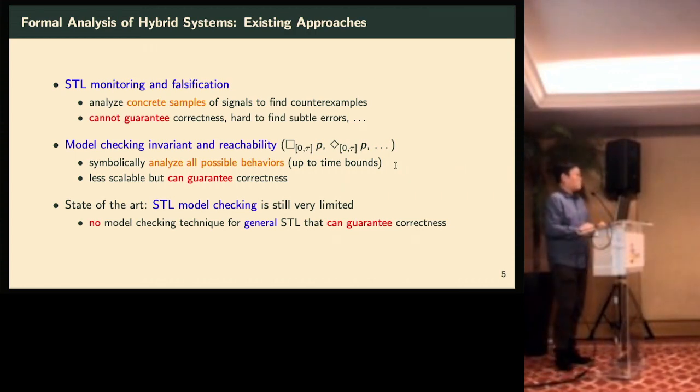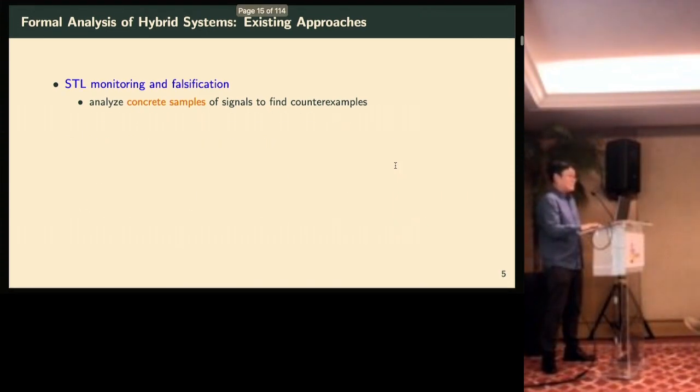In your example, with just two signals and inequalities, you could do a predicate abstraction.